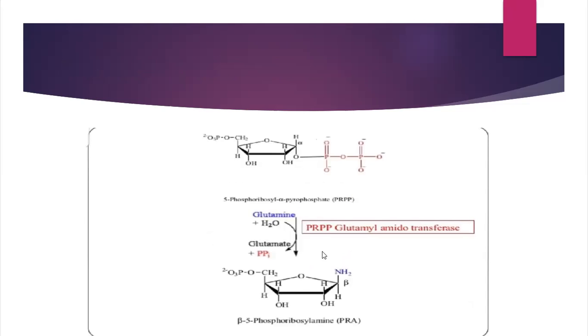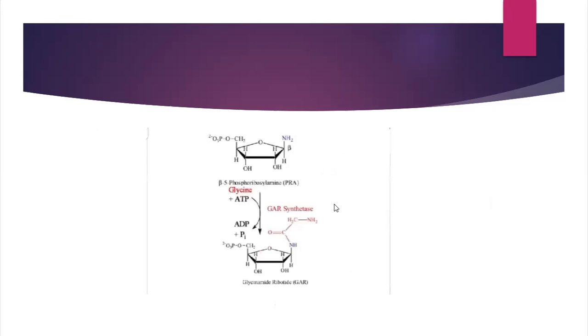Then PRPP is converted into PRA, beta-5-phosphoribosylamine, with the help of the PRPP glutamyl amidotransferase enzyme. Here the glutamine is converted into glutamate in the presence of water and PPi. Here the PRA is converted into glycinamide ribotide, GAR, with the help of GAR synthetase enzyme.